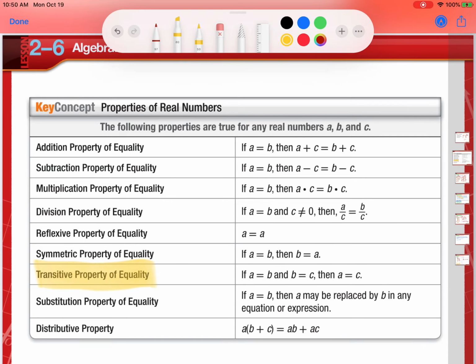So what that property says is if A equals B and B equals C, then A equals C. So if A and B are the same, then they both will equal C if one of them equals C.